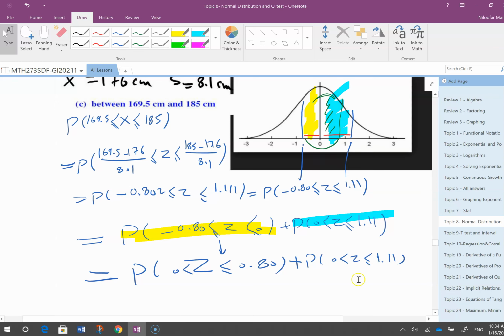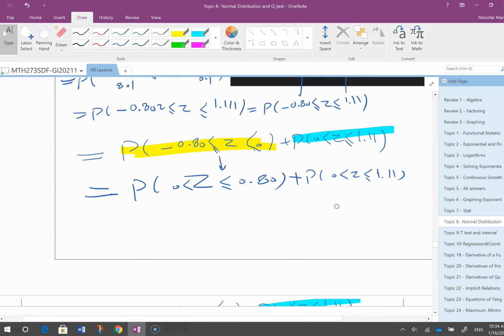Now I go to the table for both of them. For the first one it is 0.2881. For the second one it is 0.3665, and then the result is 0.6546.